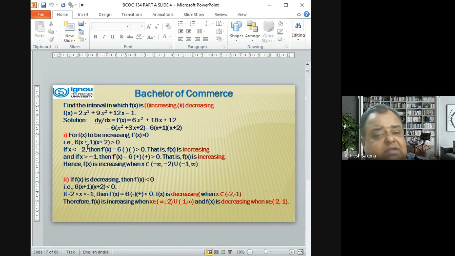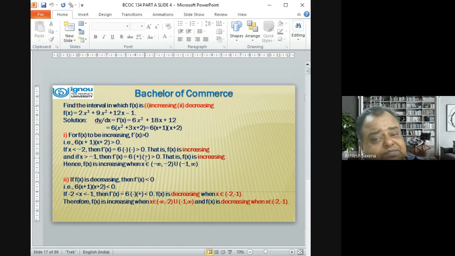Suppose you keep minus 1, again 0. If you keep x is equal to 0, it will be 6 into 1 into 2, that will be greater than 0. In that case, it is increasing. And if you take x greater than minus 1, in the first bracket you are going to get a plus sign always, and the second again positive.